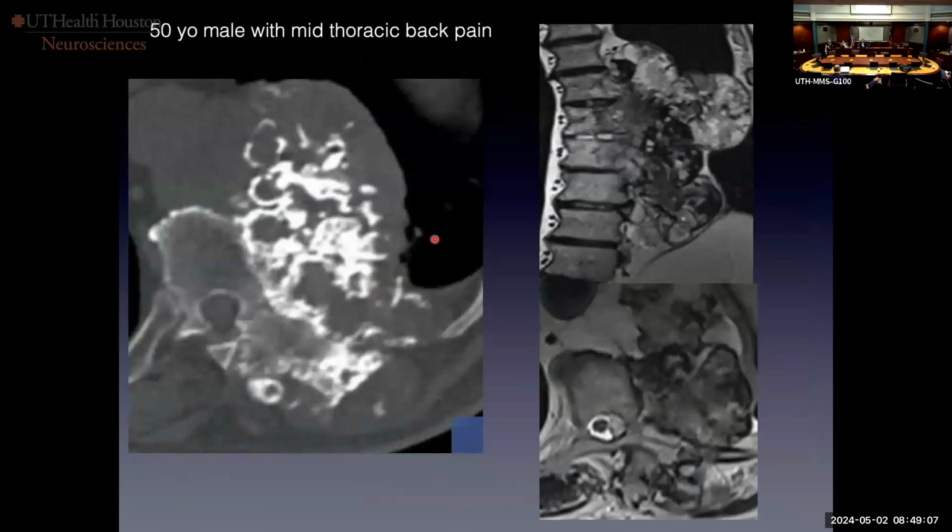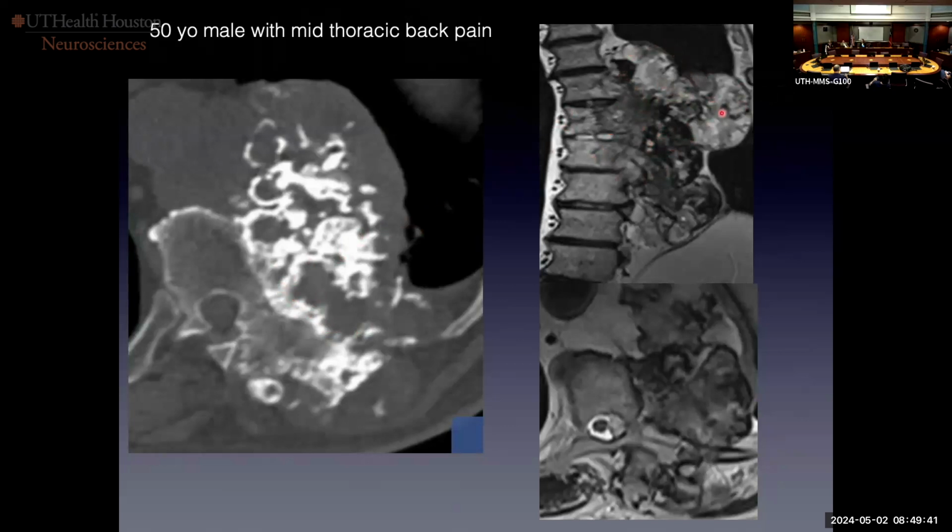Classic boards case, 50-year-old male, mid-thoracic back pain. There are a couple of things in the differential diagnosis, osteochondroma versus osteosarcoma. These rings and broken rings of calcification are chondroid matrix. It's the thoracic region, probably came from this rib head. The calcified parts are dark on T2, but the areas that don't have matrix are very bright on the T2 weighted image.